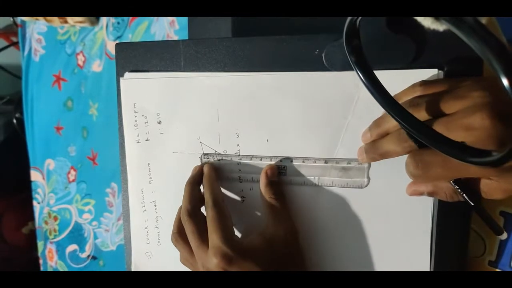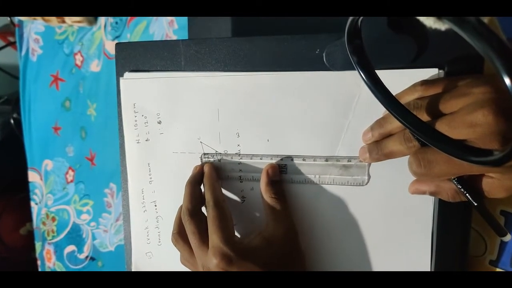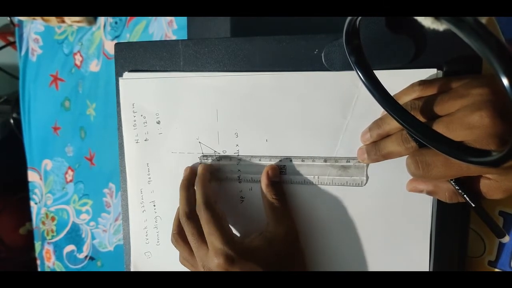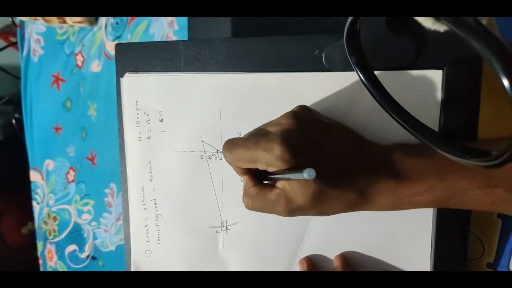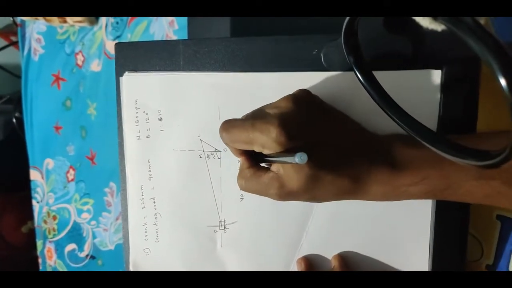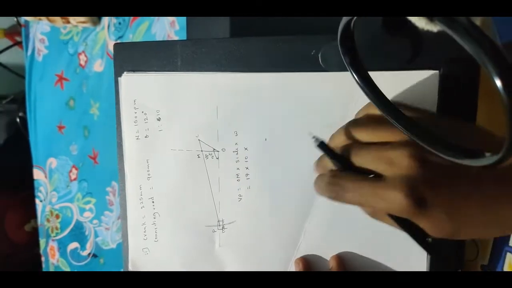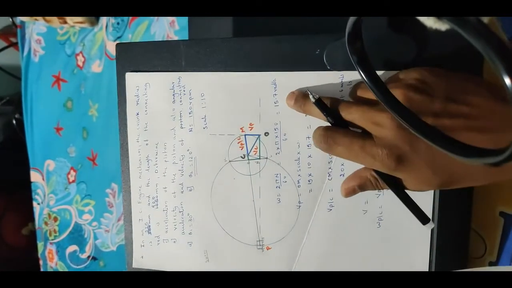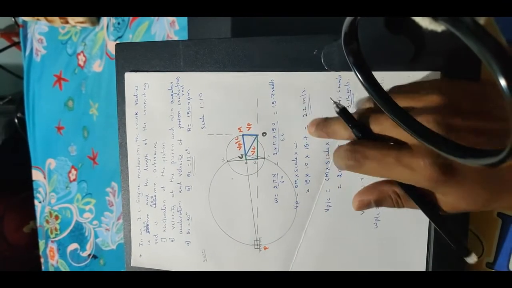So what is the OM distance here? If we measure here, the OM distance is 17 mm. OM is 17 mm, into scale 10, into omega, which we have already calculated in the previous problem, 15.7 radians per second.